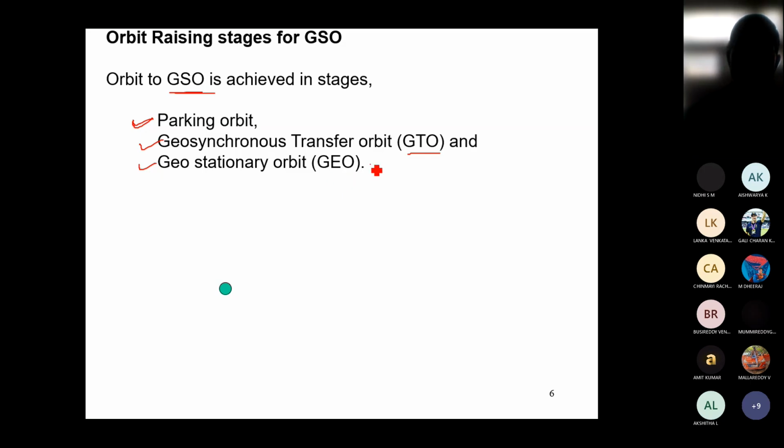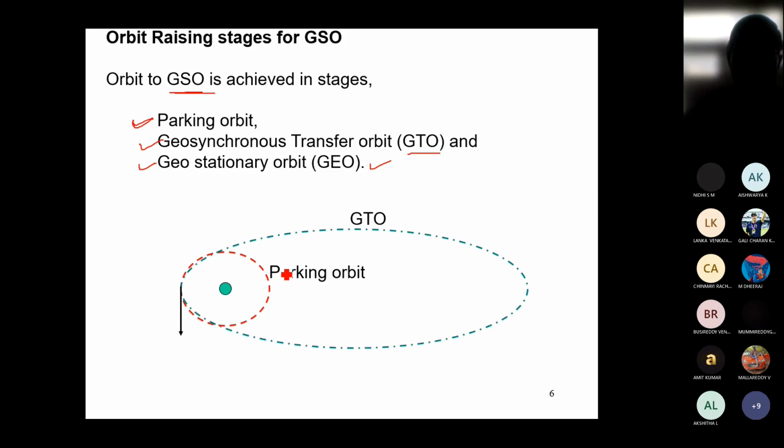So like this, in order to reach the final orbit, the satellite will go through multiple phases. If you see the diagram, the center represents the Earth, and this circle represents the parking orbit. When we launch the satellite, it will rotate in the parking orbit. Now this blue dotted line represents the GTO, which is an elliptical orbit.